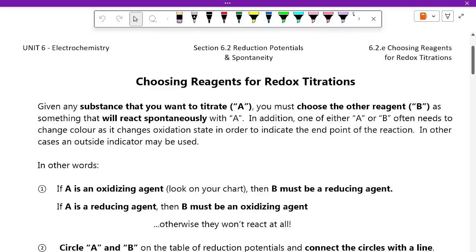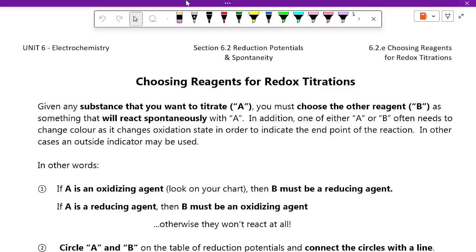So given any substance that you want to titrate, A, you must choose the other reactant, B, as something that will react spontaneously with A. Yes? So what two things do you need to keep in mind in order for something to react spontaneously?